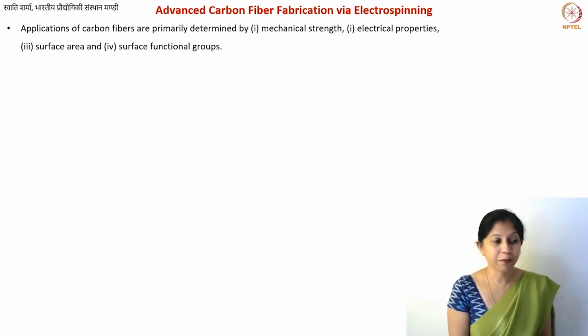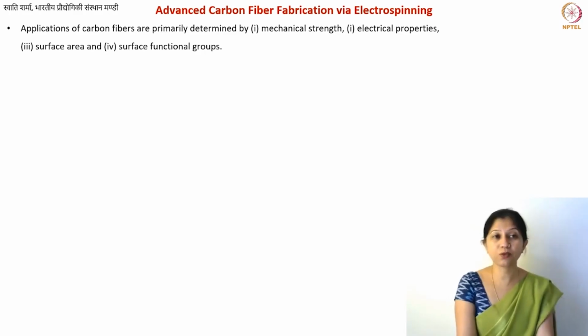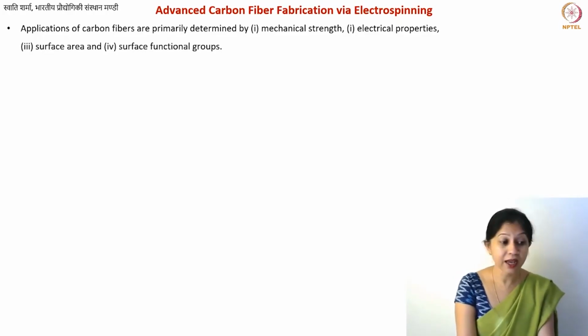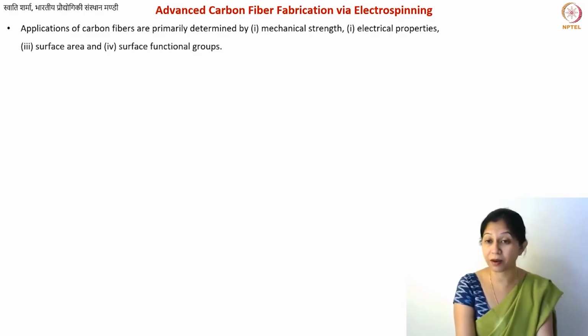What is also very important, and what we use for a lot of applications in the case of carbon fibers, is their surface area. For different applications, for example electrochemical applications, surface area becomes very important, also for sensing applications. This was something we also learned in our porous carbon lectures.